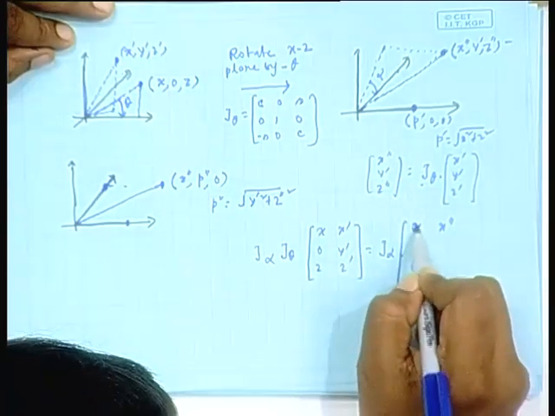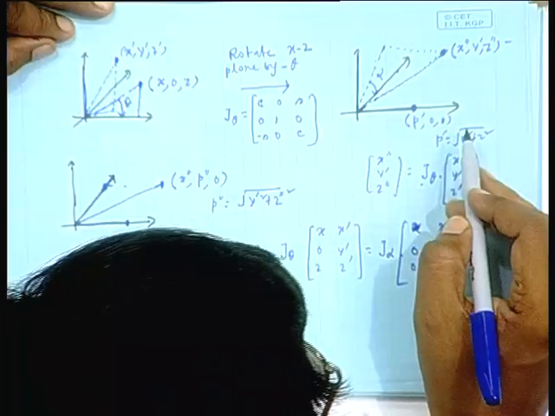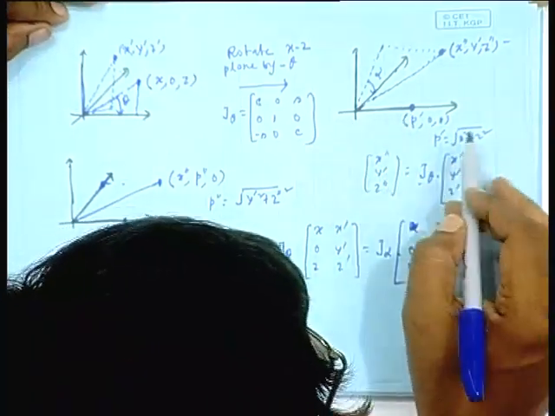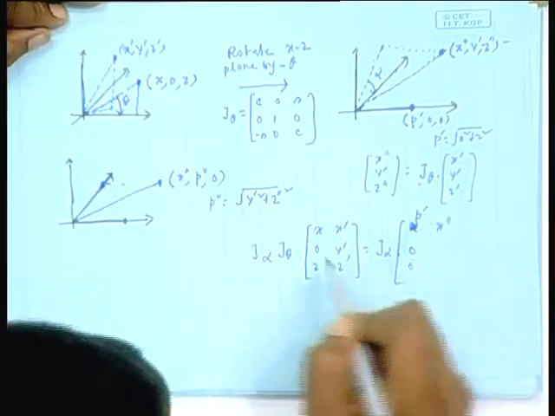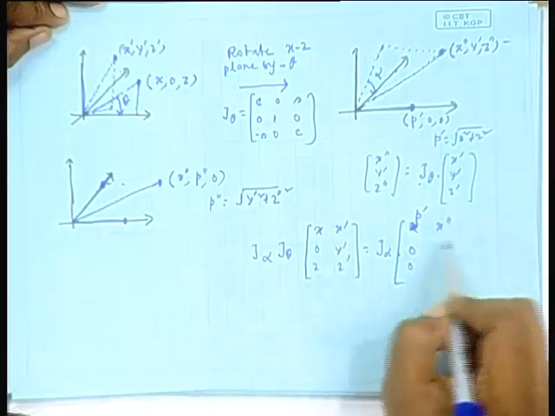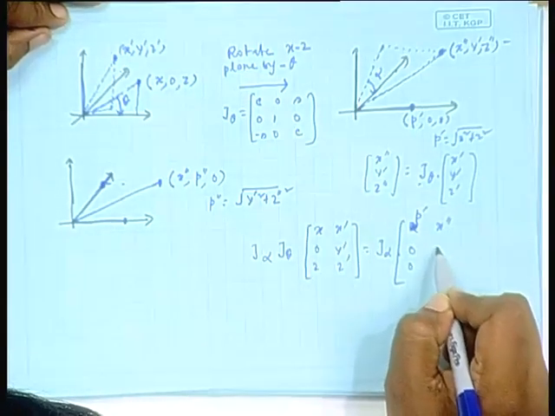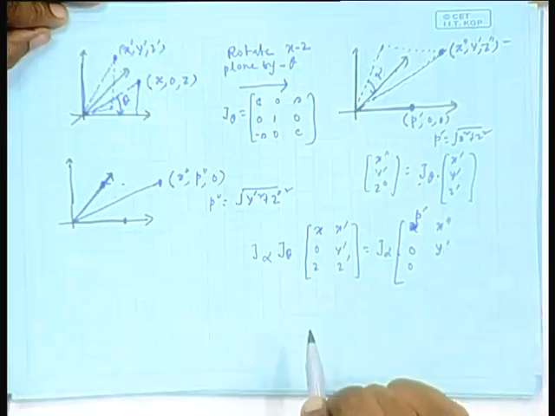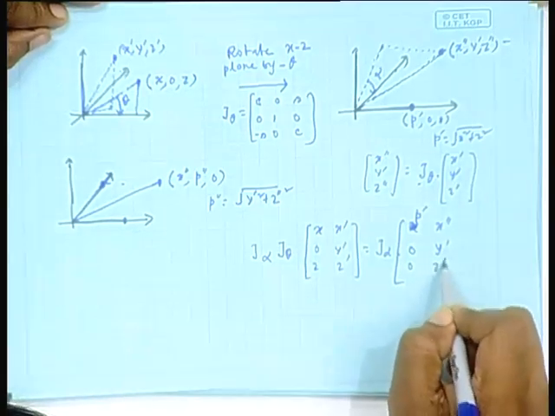This becomes p prime, the norm of this, the length of this, square root of x square plus z square. This becomes some general value x double prime, y prime remains as it is, and this z double prime.